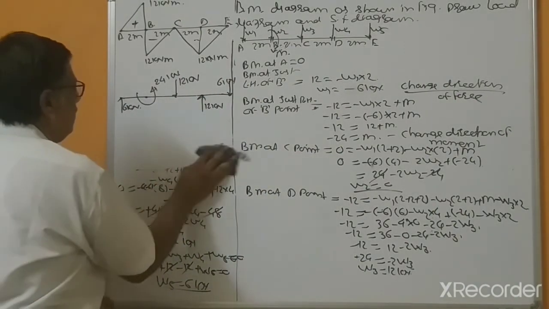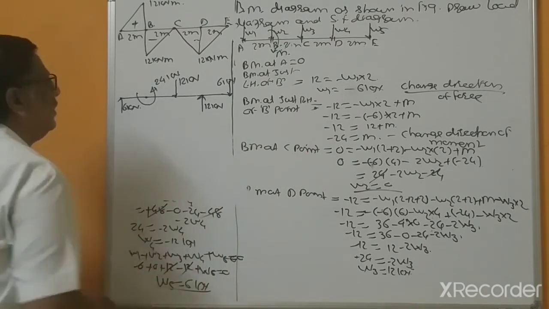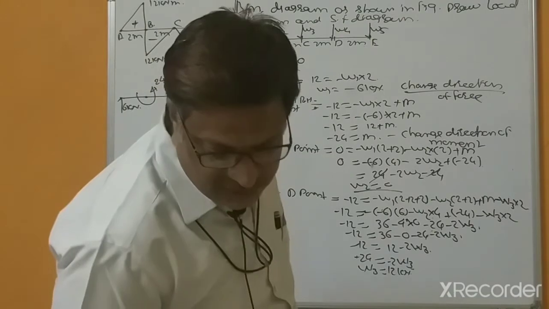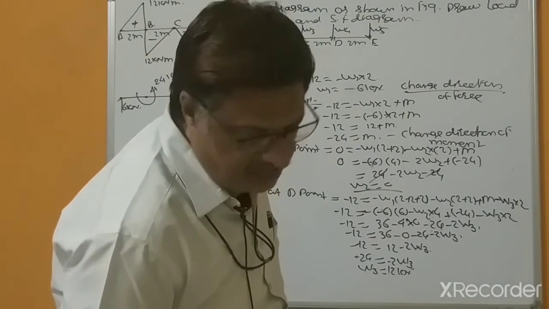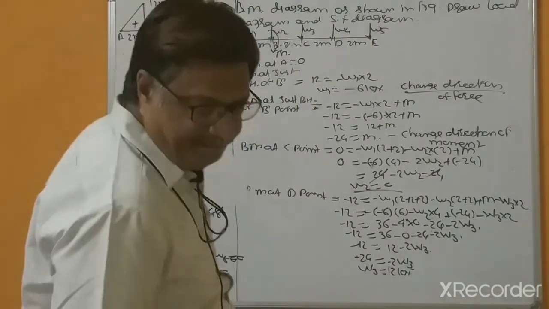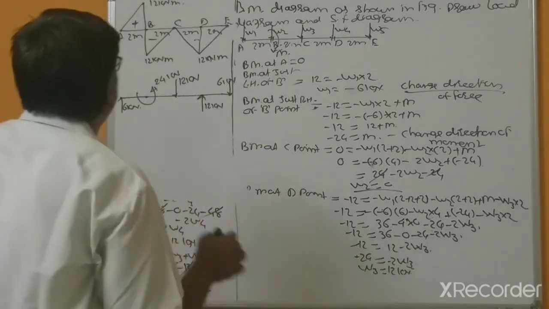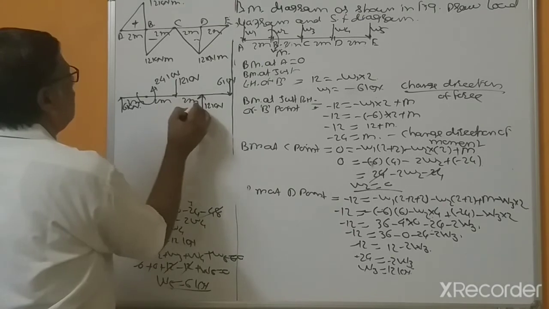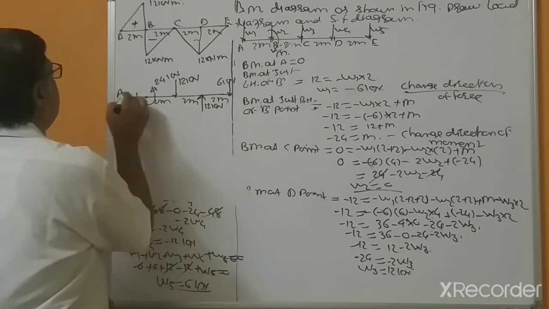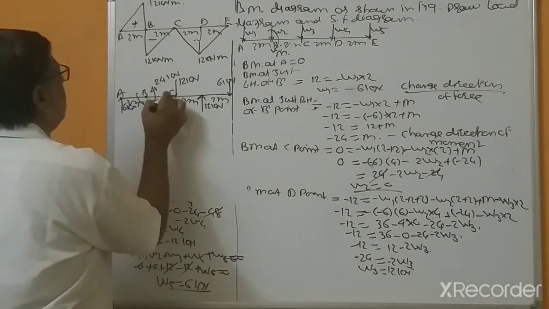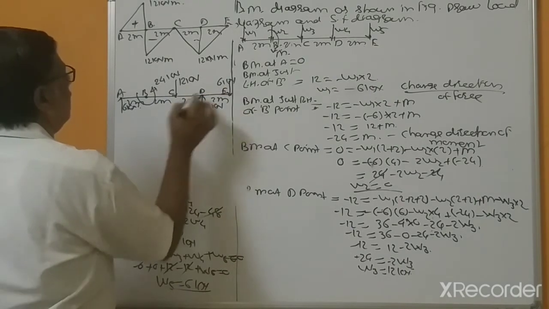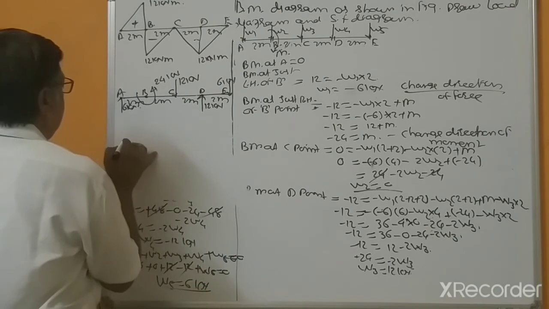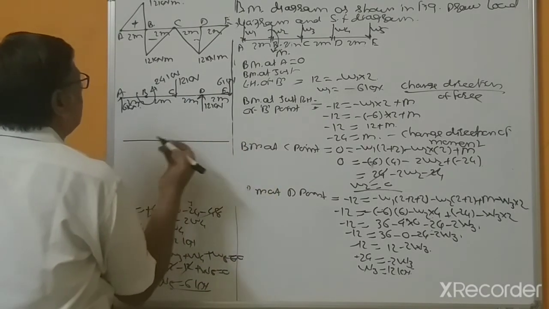Now you can erase this and draw. So I will check. Right. So this is 2 meter, 2 meter, 2 meter, 2 meter, A point, B, C, D and E point. Now draw the load diagram.